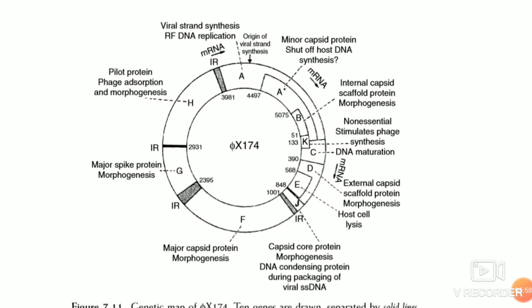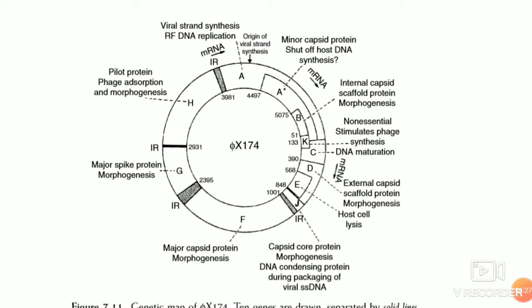The origin of viral strand synthesis is at a site in the A gene. The A gene codes for viral strand synthesis, and RF DNA replication starts there. A star, which starts in the middle of the A gene, codes for a minor protein that shuts off host DNA synthesis.